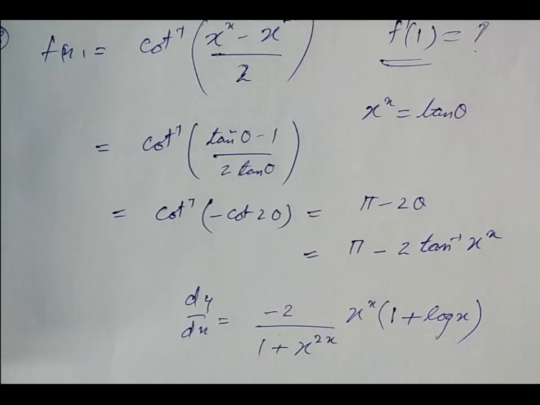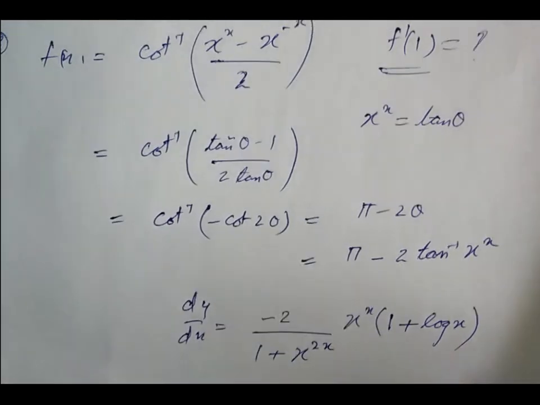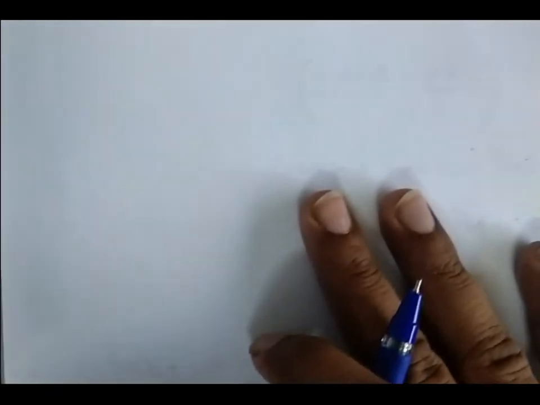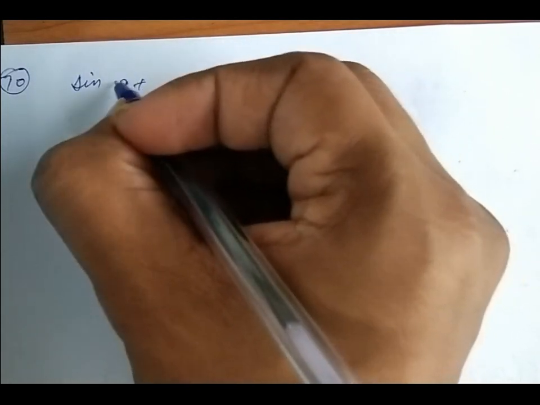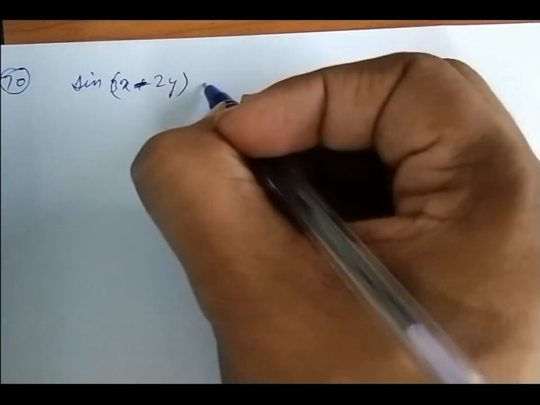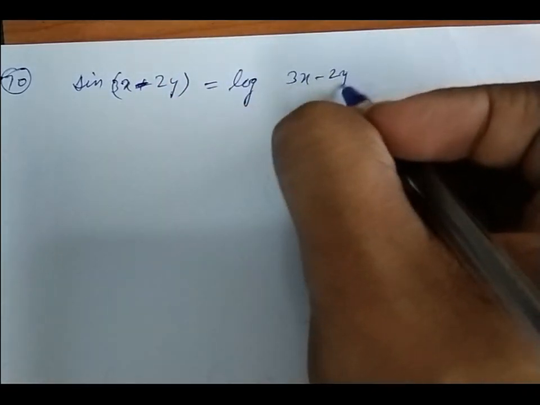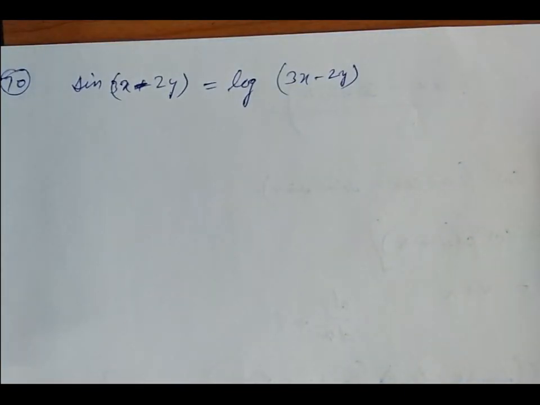Question number 70 says, sine of (3x minus 2y) is equal to log of (3x minus 2y), and we need to calculate dy by dx.